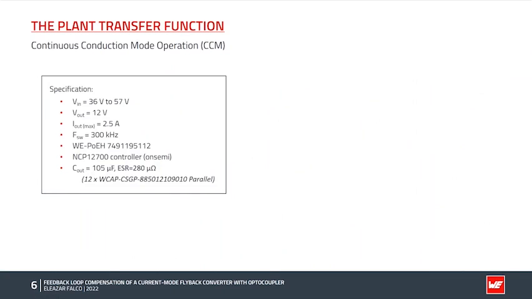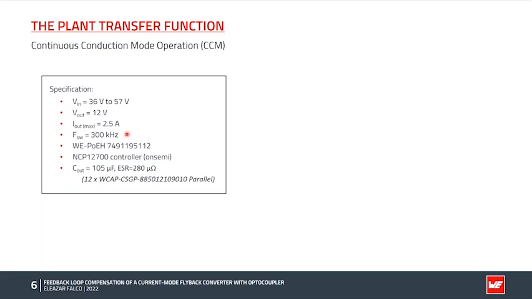Now that we know the typical characteristics of the plant transfer function, let us study it for the specification used in this design. Here we will consider a typical class 4 power over Ethernet application where the flyback converter is used in the powered device. So we have a wide input voltage range from 36 volts to 57 volts with 12 volt output voltage and a total maximum output power of 30 watts.